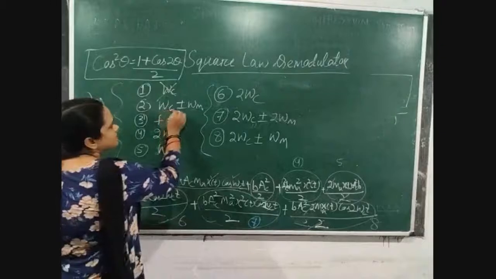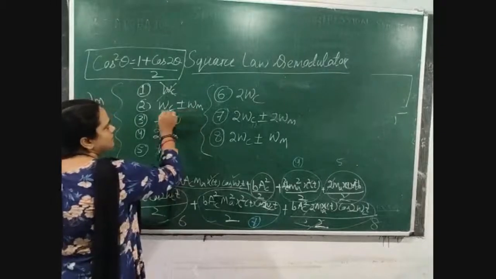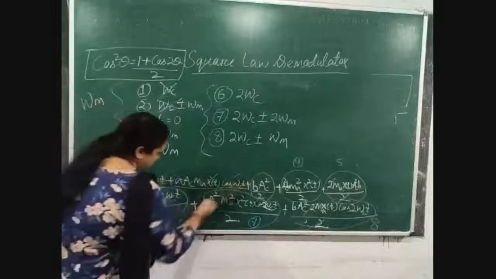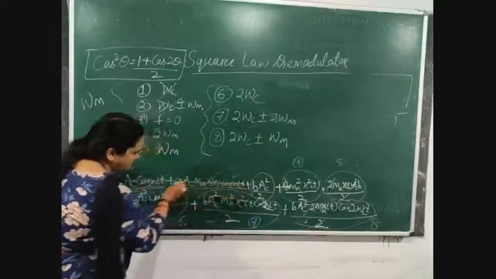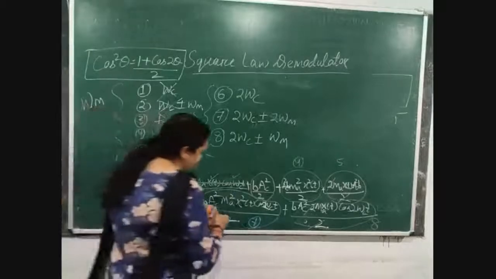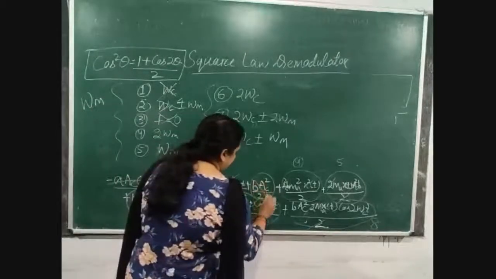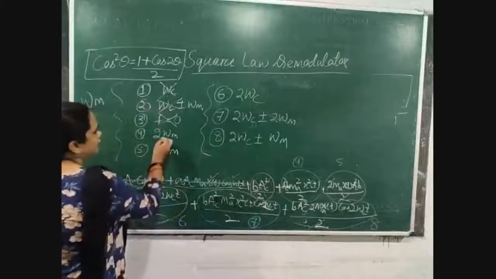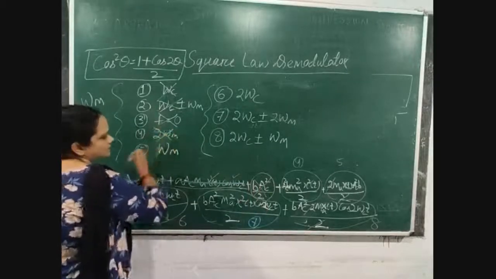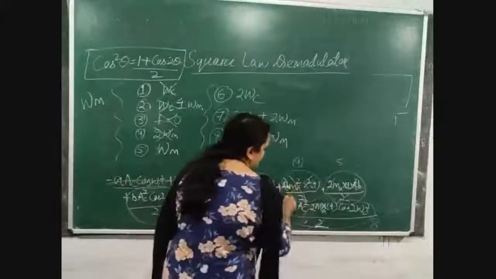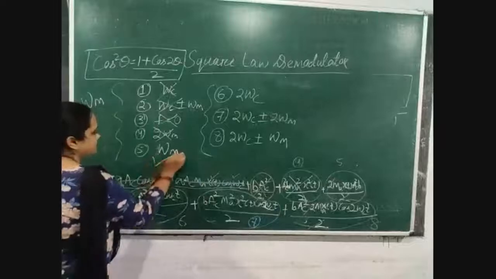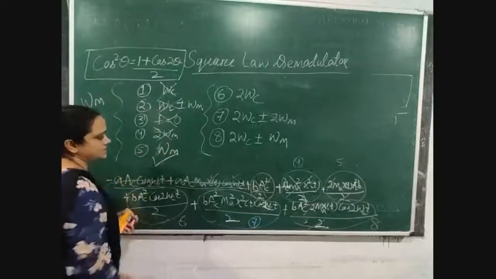Then omega c plus minus omega m, this is the combination, because of that it is also cancelled out. Then a DC value, so it is not required. Then 2 omega m is not required, cancel. Then omega m, this is the desired frequency.